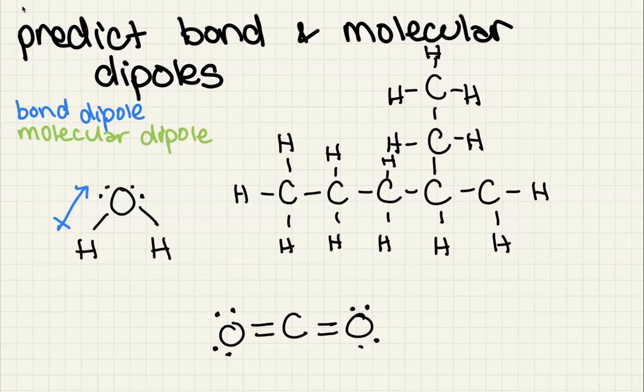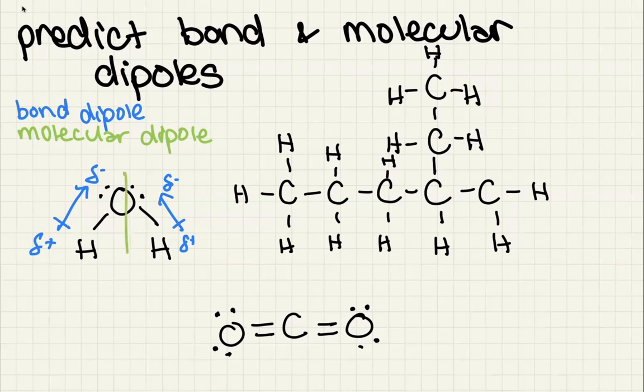When we draw these dipoles, the arrows go towards the more electronegative atom, and you have a partial plus left over here and a partial minus here, in the bond. And you have the exact same thing happening over here, so that would be partial minus and partial plus. Now, do these add together or cancel each other out?